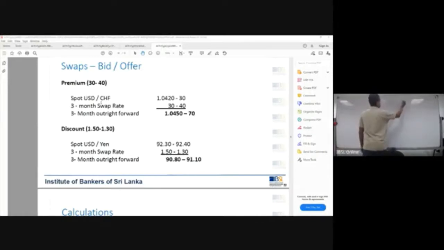Then it is less confusing. 104 30, right? The swap point is 30, 40. What the swap point 30, 40 means is that this has to be divided by 10,000, as you have 4 decimal places, so 1, 2, 3, 4. Here also 40 divided by 10,000. So this is 0.0030, and here you get 0.0040.